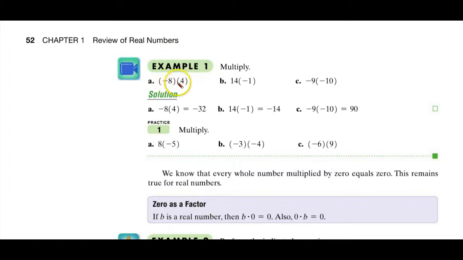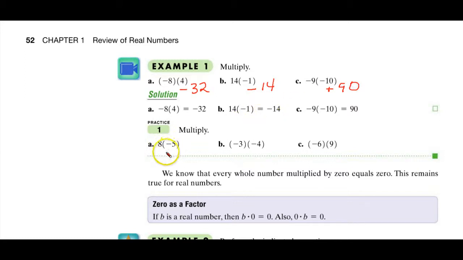That helps, I think. Here it's going to be a negative. Here it's going to be a negative. Here it's going to be a positive. Once you determine the sign, you don't have to worry about the sign anymore. So this is going to be 32. This is going to be 14, and this is going to be 90.